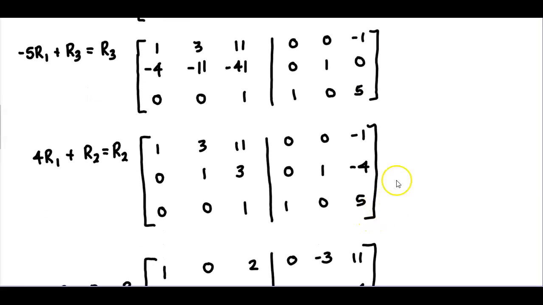So now we have our 1, 0, 0, 1, 0, and 1. So we have a diagonal of 1s, and we have zeros below it.